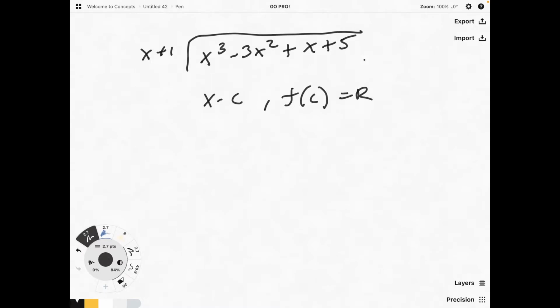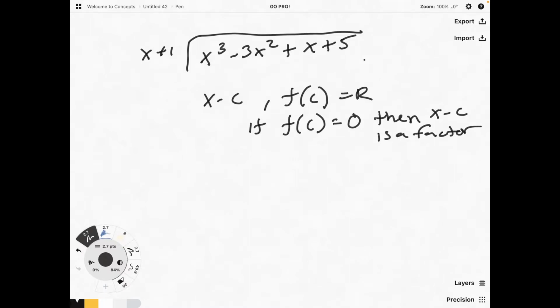So what we're looking at is if f of c is equal to 0, then x minus c is a factor. In this problem, we have x minus a negative 1, so f of negative 1 is equal to what?